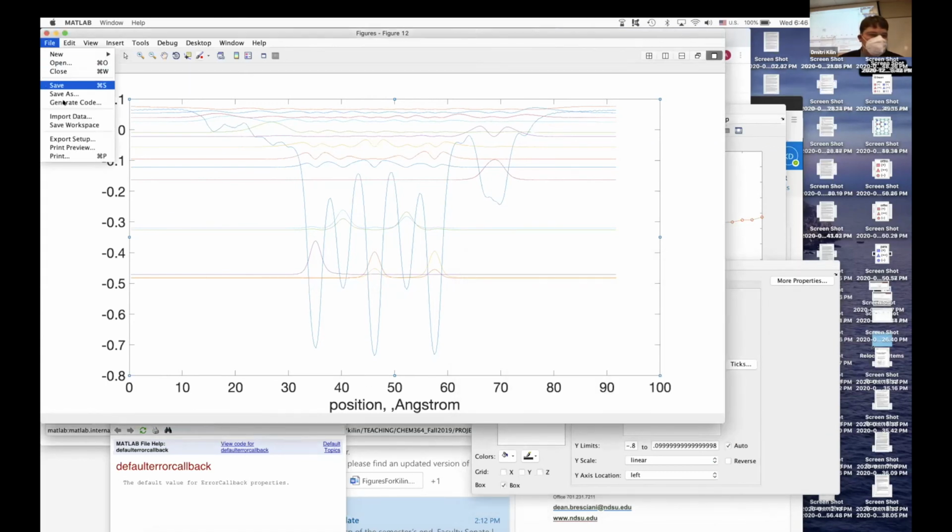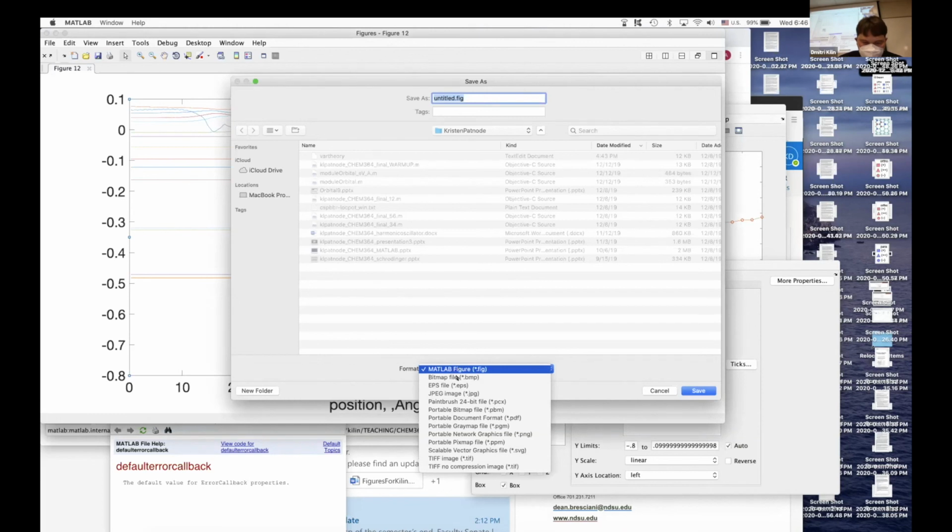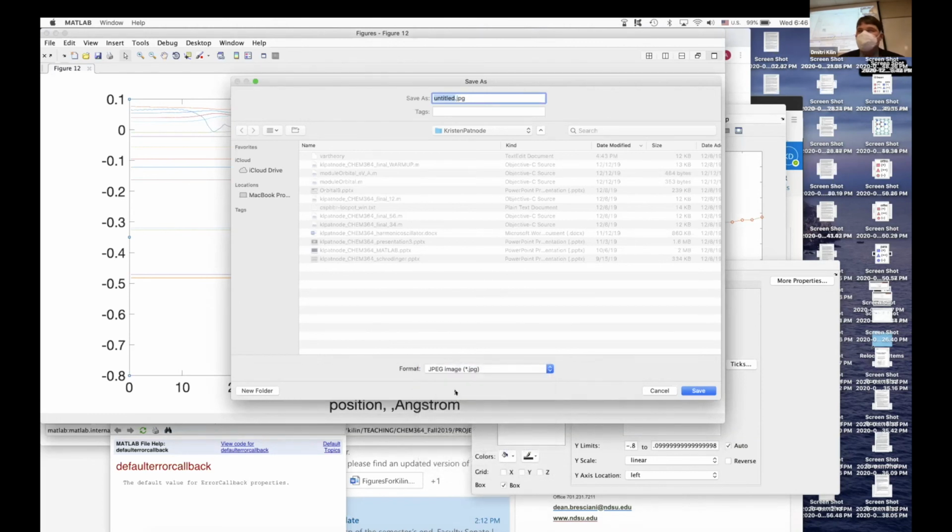There is also save as. One can export and select the type of the figure like JPEG or PDF, and it's not better quality than just printing screen, but sometimes it is needed.